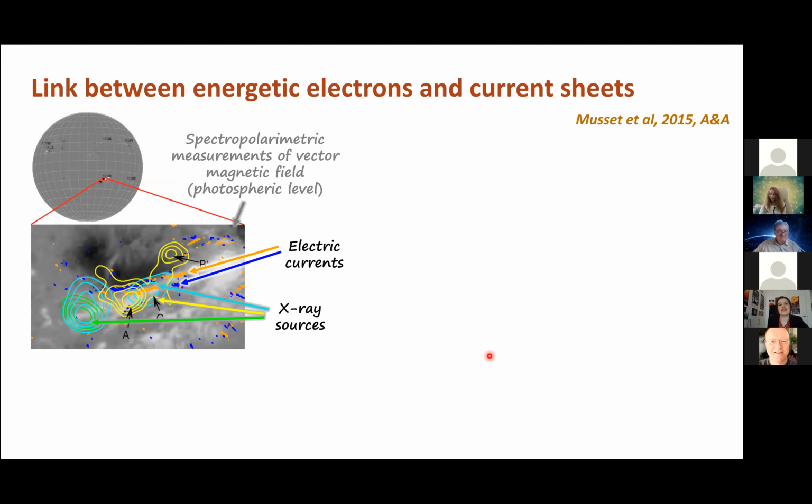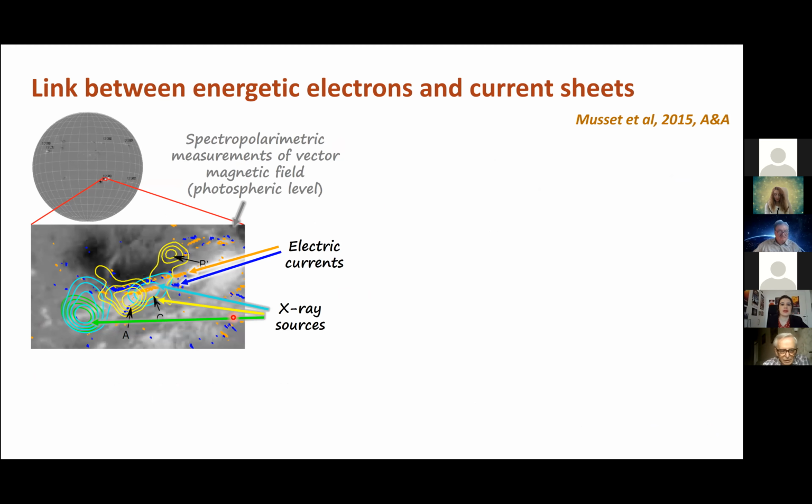I wanted to start by talking about the magnetic field and electric current measurements that we can do in the solar atmosphere. As I said, it's very difficult to do in the corona, and what we can do is measure the magnetic field in the photosphere, so at the surface of the sun. And this is done using spectropolarimetry.